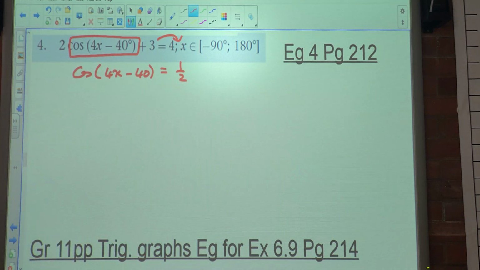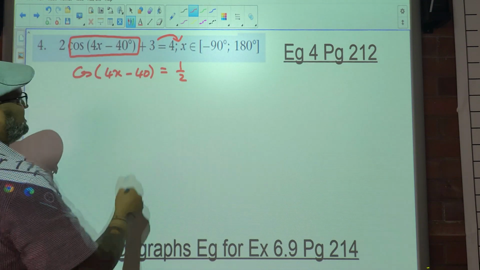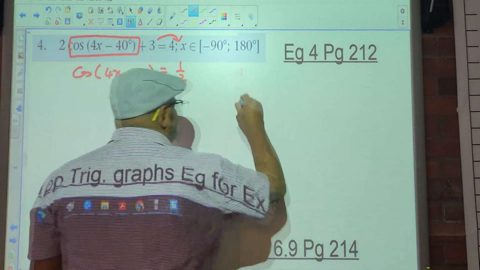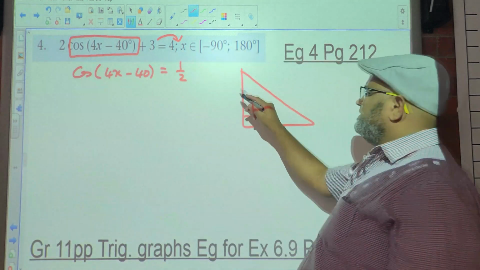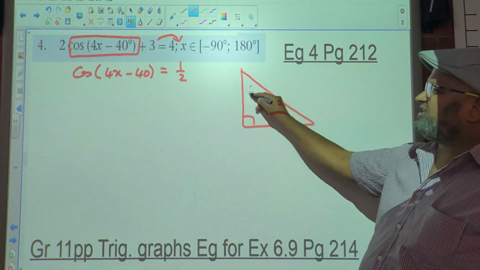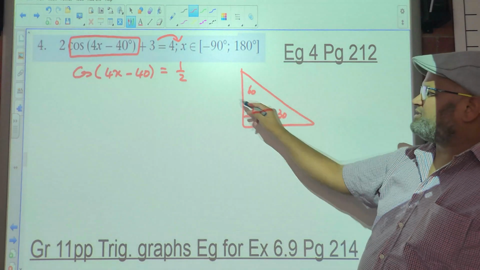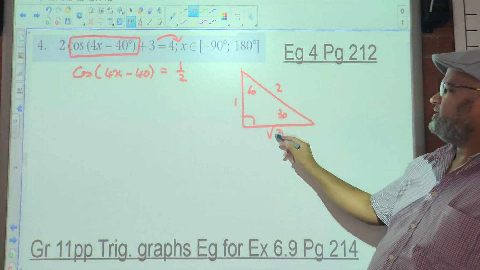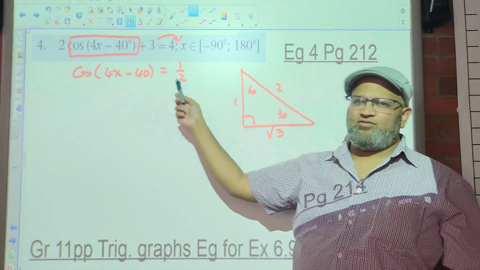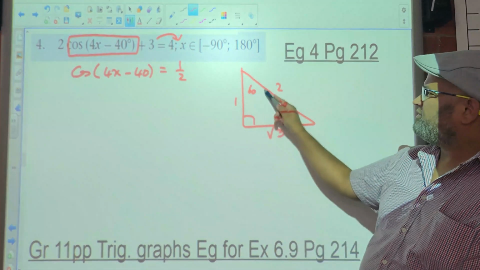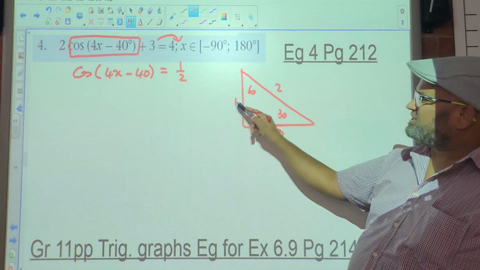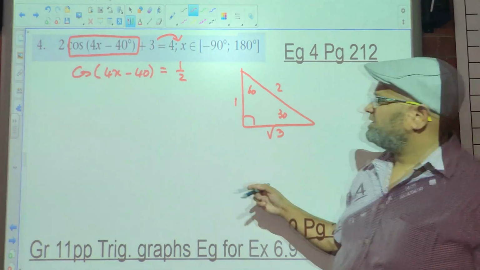This sum could well have read without the use of a calculator. Importantly here, if it read without the use of a calculator, we know that it is coming from the 30-60 degree triangle. This is 1, 2, root 3. So where is cos a half? For 60 degrees, because cos is adjacent over hypotenuse.